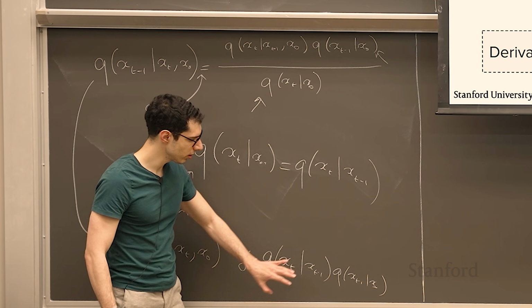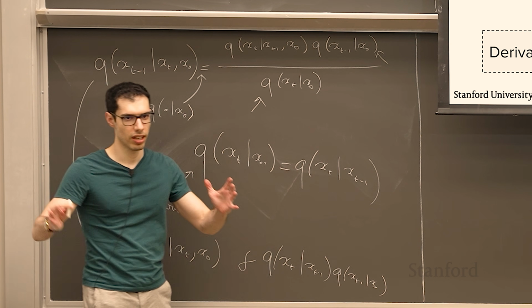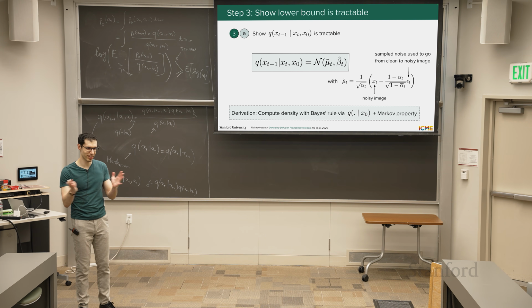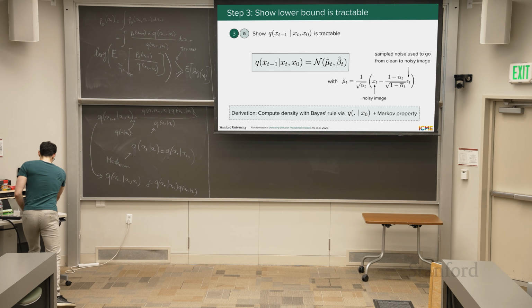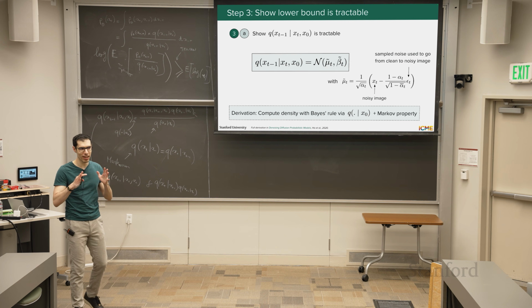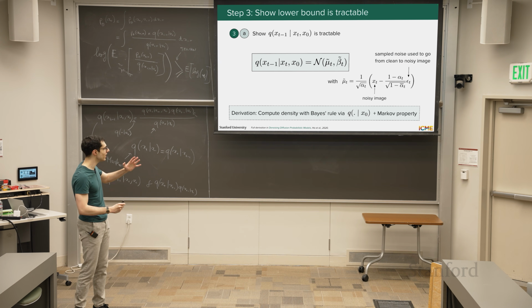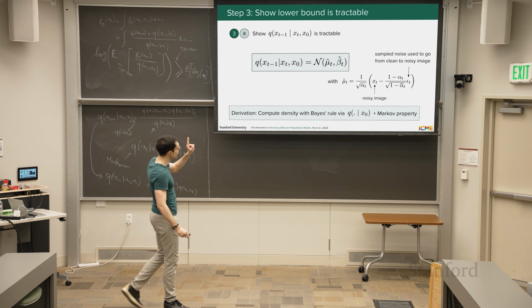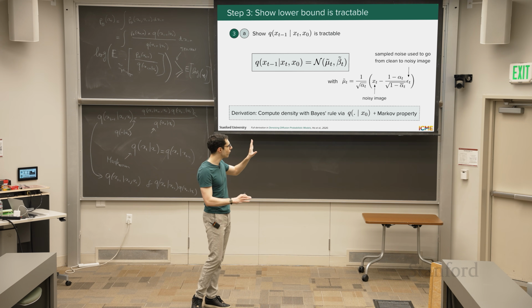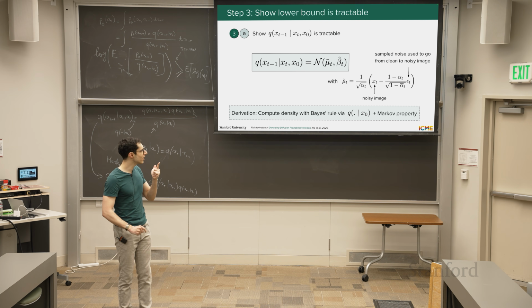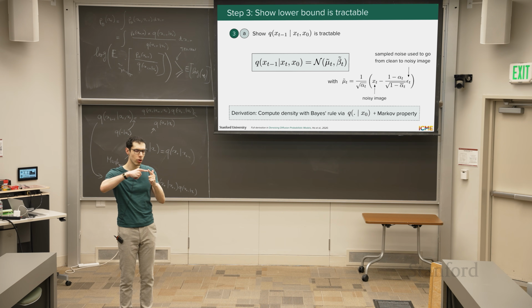This is Gaussian, this is Gaussian. The product of Gaussian probabilities is a Gaussian. I'm not going to derive everything, but please trust me that q of x_{t-1} given x_t and x_0 is a normal distribution, in particular with the mean of this formula. I'm not going to read it, but it's a function of the noisy image and the sampled noise that allows you to go from x_0 to x_t.